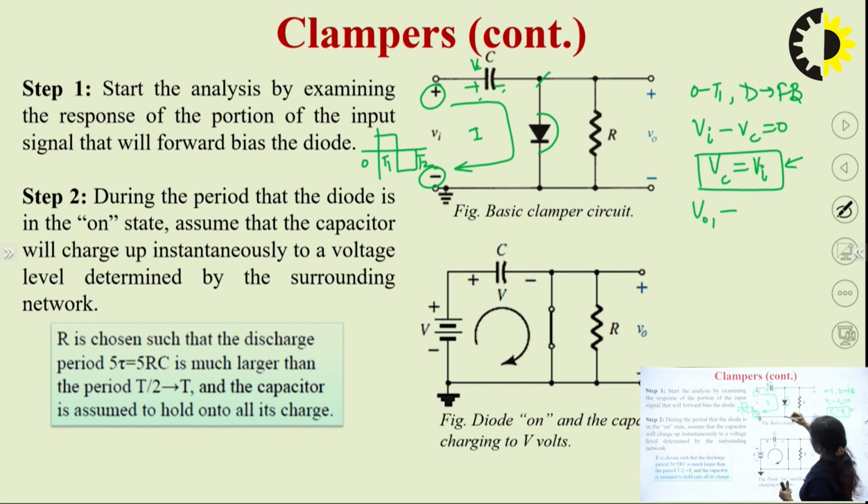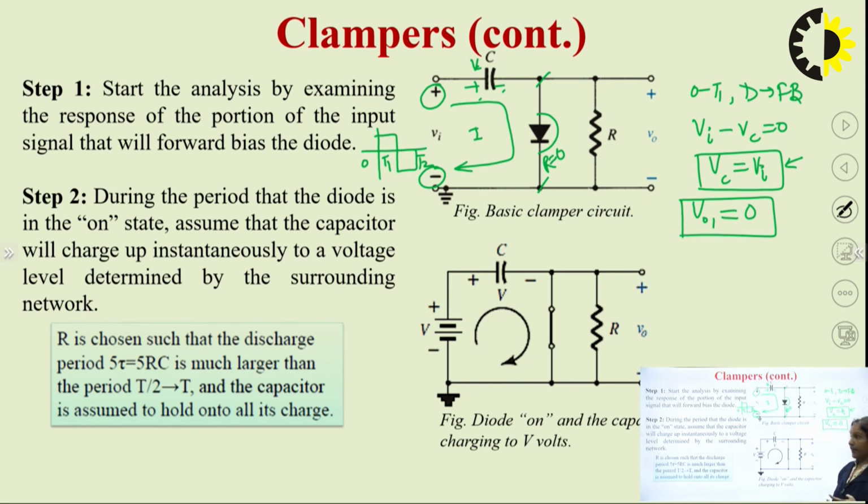Across this, the diode is forward biased and it is an ideal diode, so it will offer zero resistance. That means the voltage drop across the diode will be zero. And we know that in parallel the voltage is the same. So if the voltage across this diode is 0, then automatically V0 will also be equal to 0. So V01 will be 0.